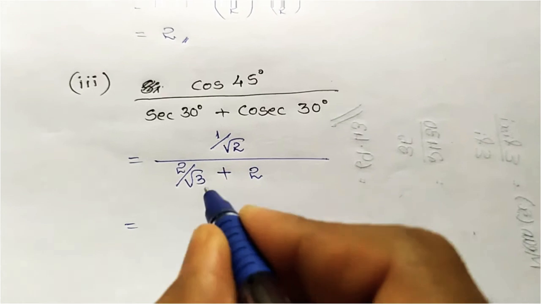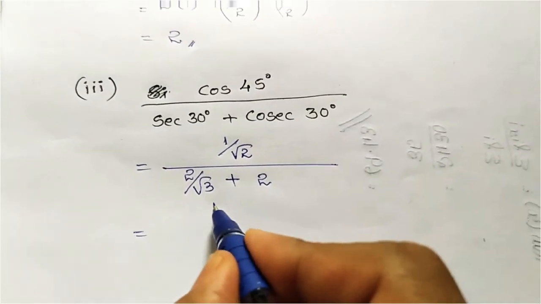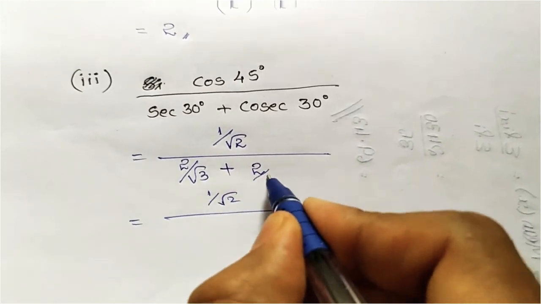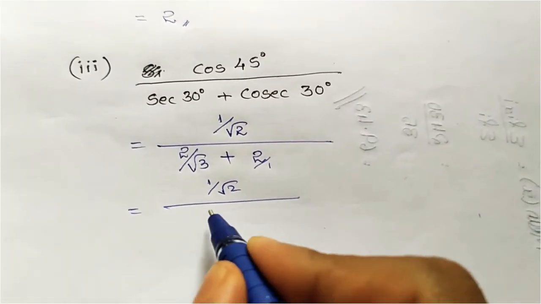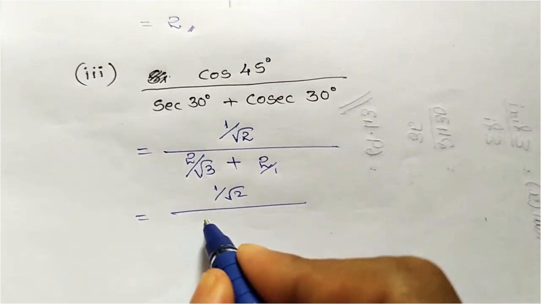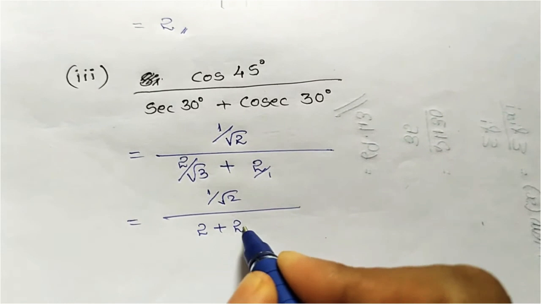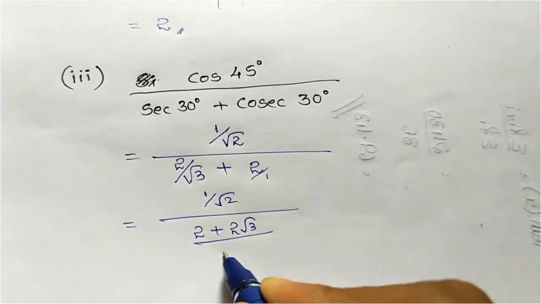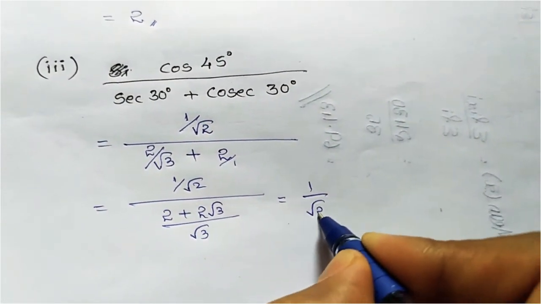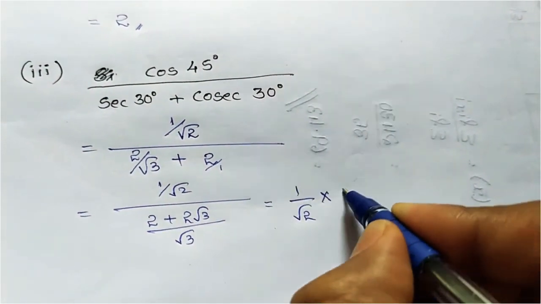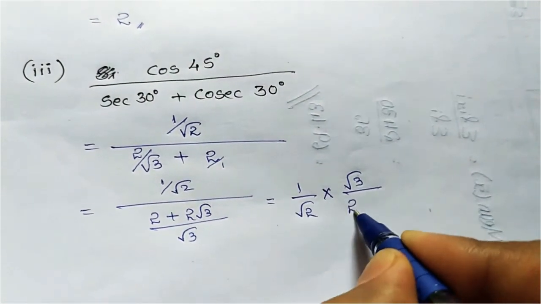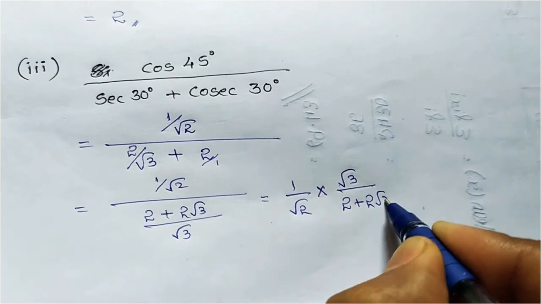So now taking here 1 by root 2, same; next root 3, and here it will be 2 by 1, so root 3 will be our LCM. So 2 plus 2 root 3 divided by root 3, okay, so it will be 1 by root 2 into root 3 by 2 plus 2 root 3.